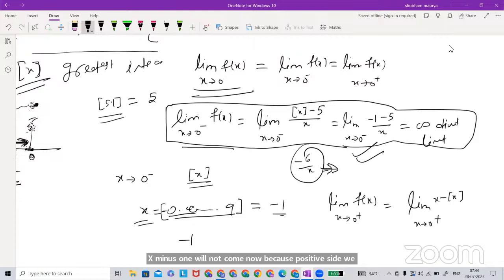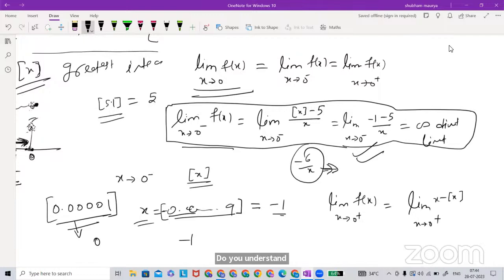Once you have a number greater than 0, assume x is 0.001, which is greater than 0, right? What is the greatest integer in this case? 0, sir.